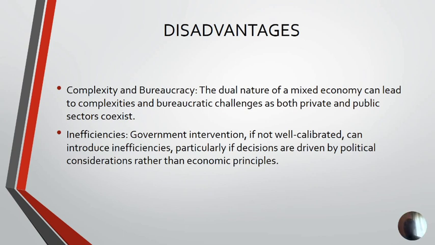Usually, that's always what happens, whereby decision making is based on political consideration rather than economic principles, and they are not adopting economic policies that promote a more equitable distribution of goods and services.